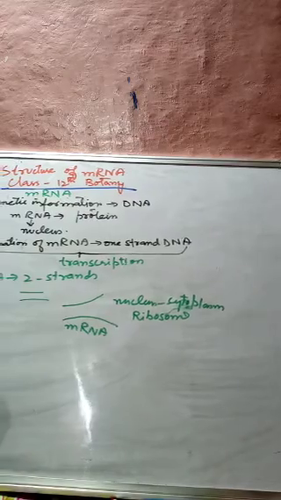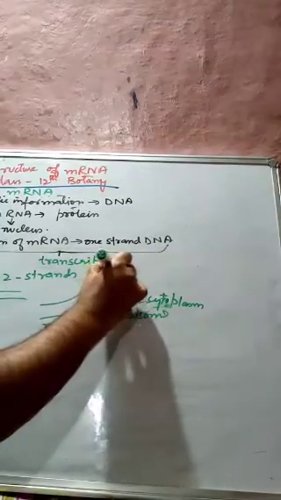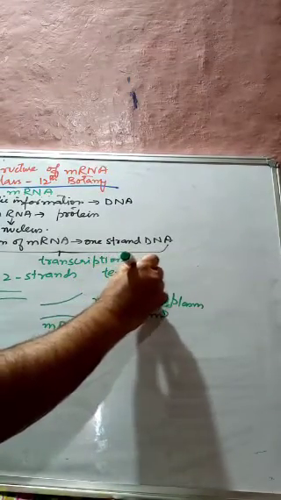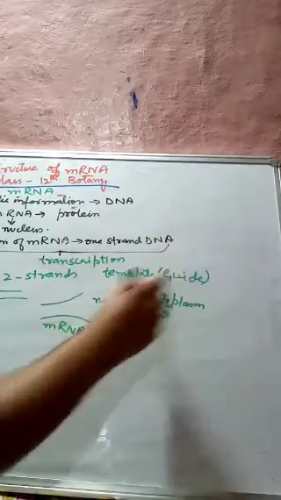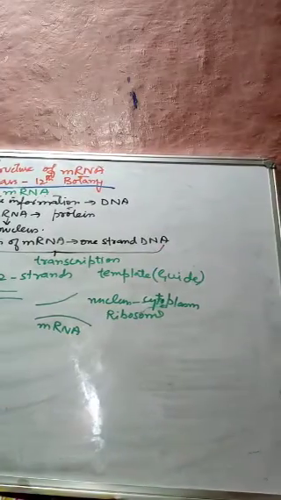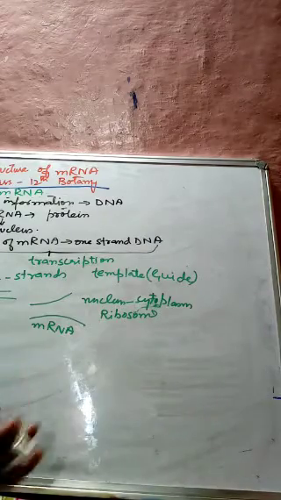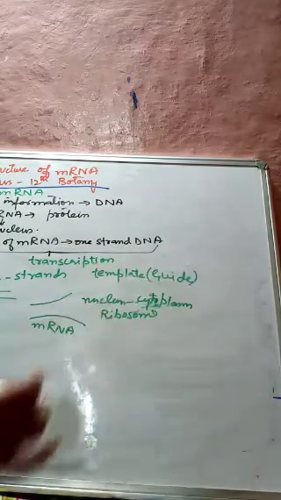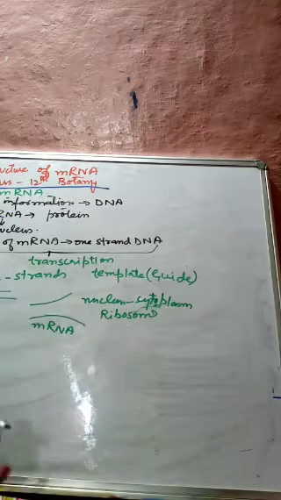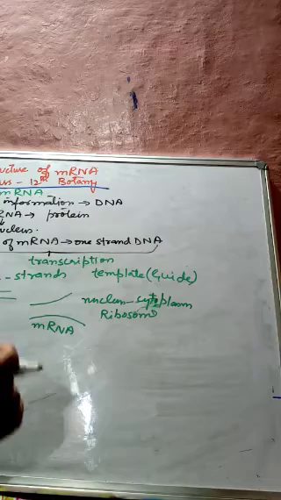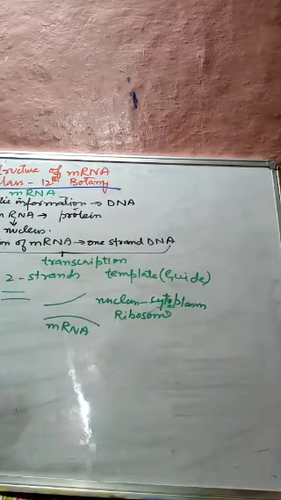Now this mRNA has got a template, or in layman's language, a guide. The mRNA acts as a template. This mRNA acts as a guide, as it has genetic information for the synthesis of the protein.